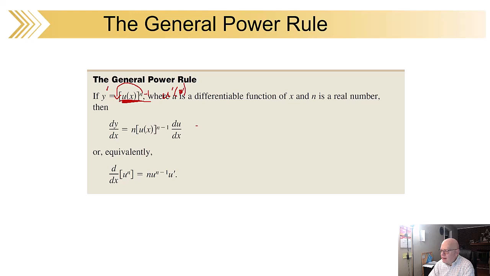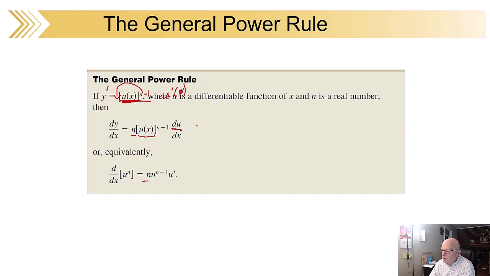And that's what this says. Bring the n out front, leave that inside function alone, change the exponent, subtracting it by 1, and then take the derivative of what's inside, right here, du dx. That's the derivative of the inside function.